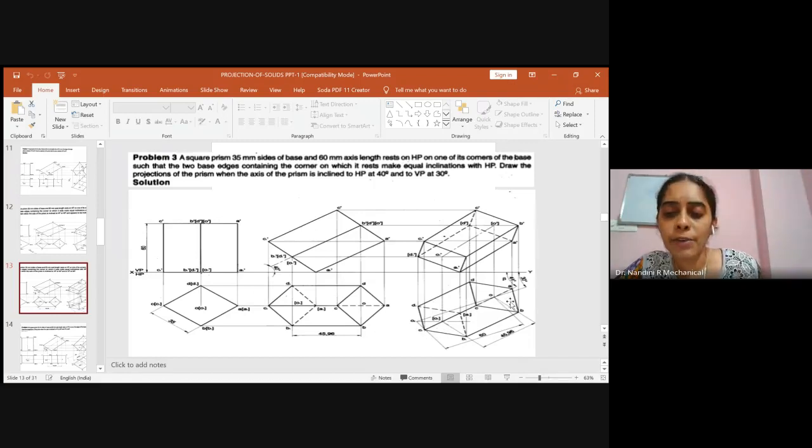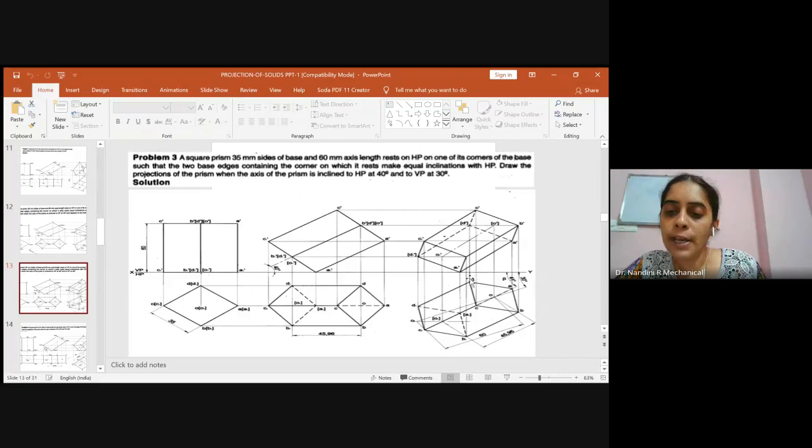So the remaining part we have to construct. So how do you construct? As I told in the previous problem, from the center you will draw a perpendicular line. After drawing, because this axis will be perpendicular to this line, then only you can name the other two corners of the square. So from O, you will draw a perpendicular line to this axis line, for this apparent angle, beta angle.